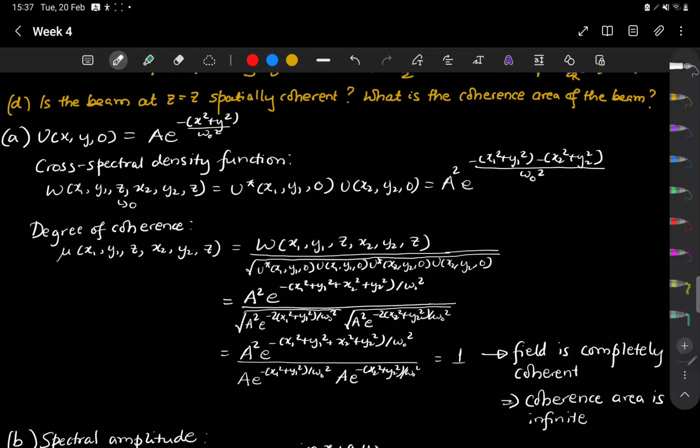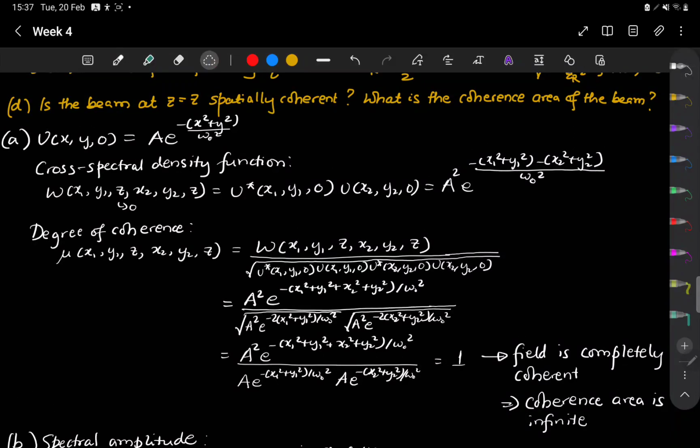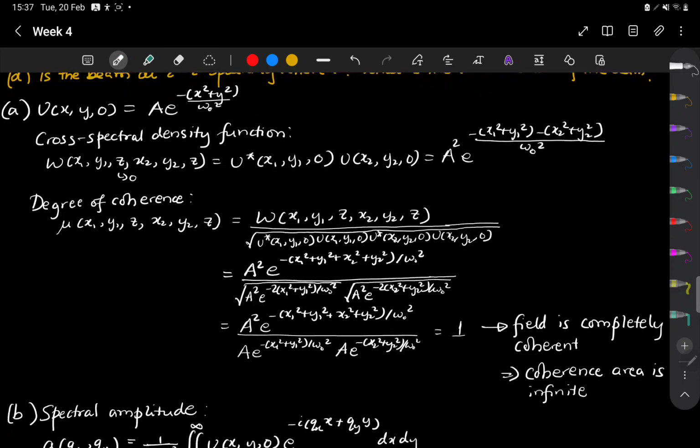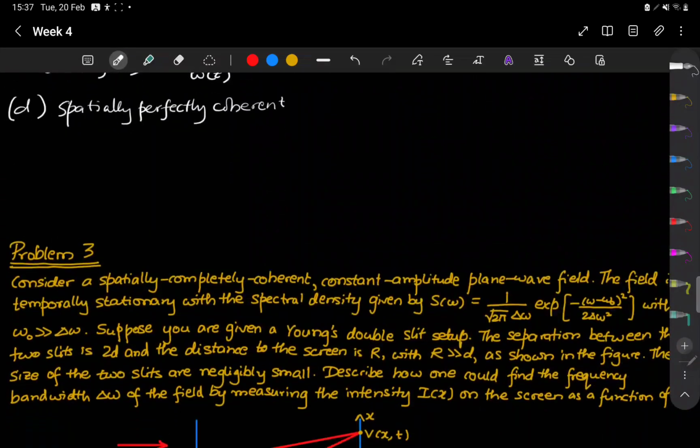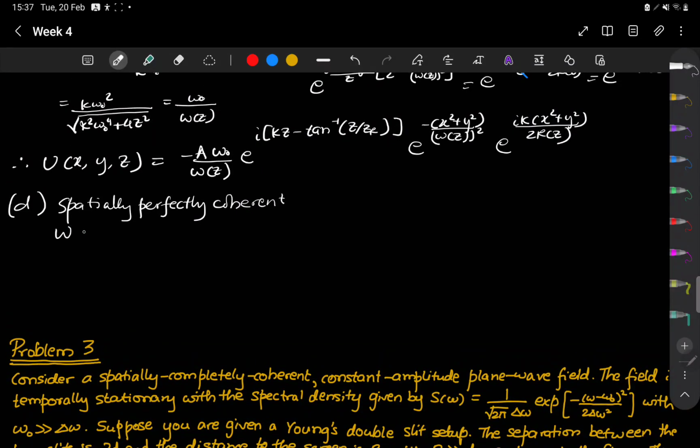So repeating the same thing but for Z. So let me just revisit. So W is U star, this is W, then mu is W over, I'm using P1 for short of the point 1.